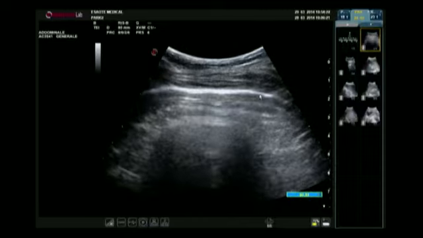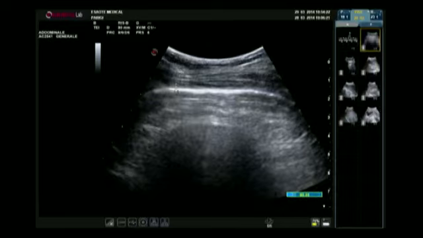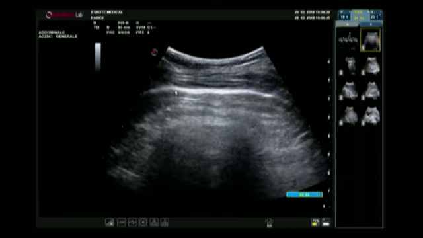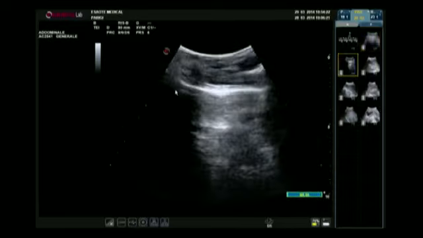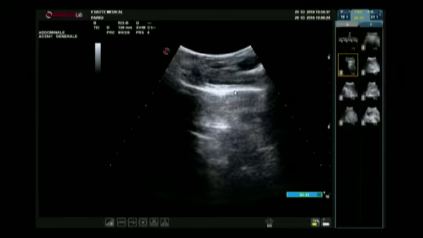If you look here, you see this line moving compared to all the rest of the picture. If you have a patient with pneumothorax in the same position, you will see this line completely still, so no movement of the pleural line.